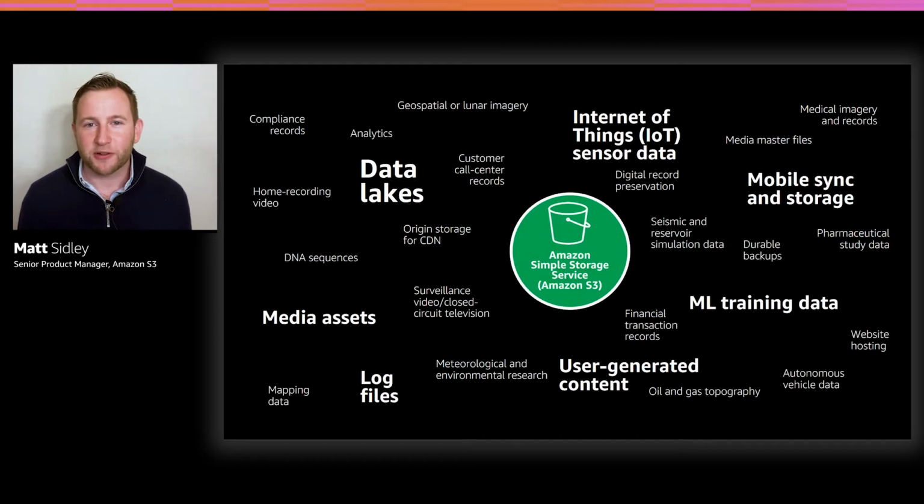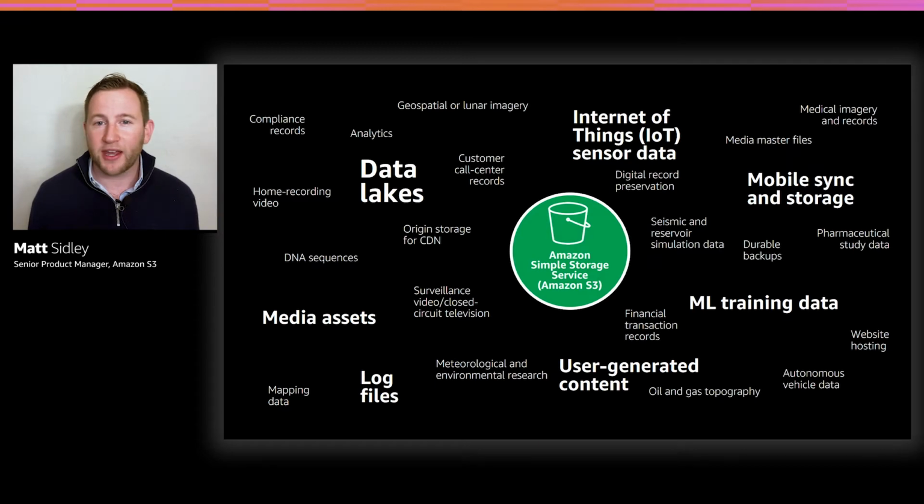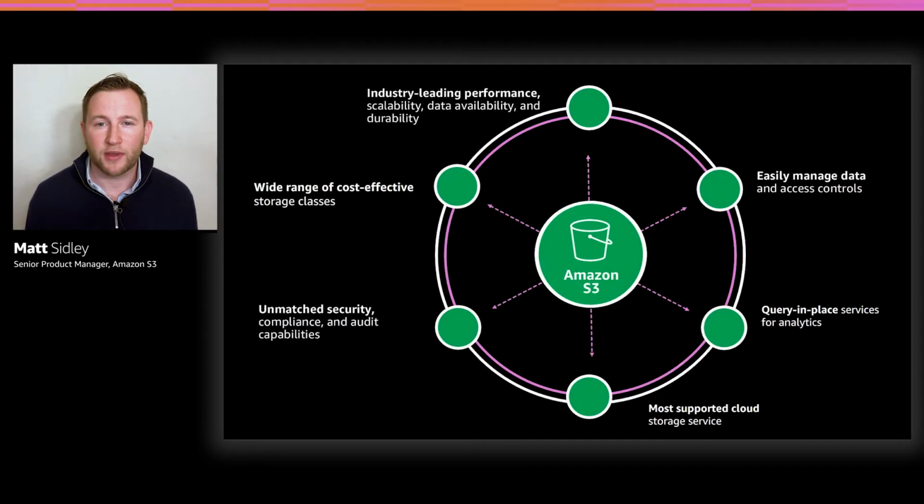Today, we see customers of all sizes across every industry vertical migrating every imaginable workload to Amazon S3. These workloads span from data lakes to DNA sequencing, customer call center data, and autonomous vehicle data, just to name a few. And the reason for that is that Amazon S3 provides industry-leading performance, scalability, availability, and durability.